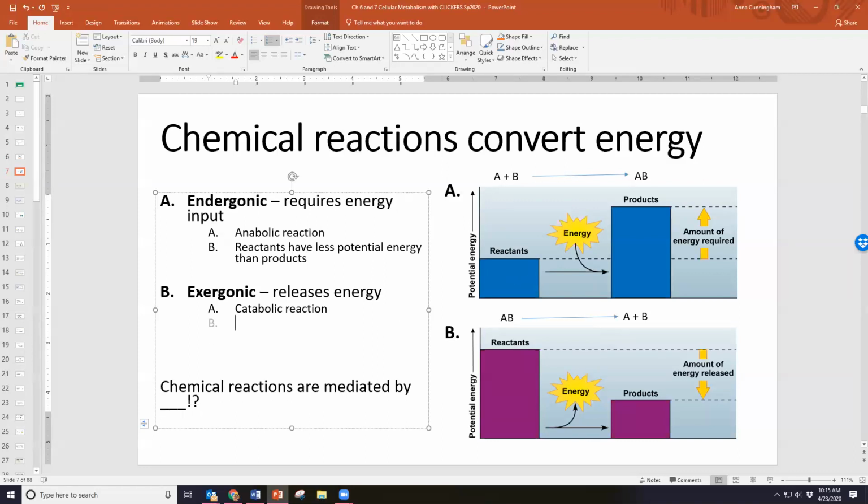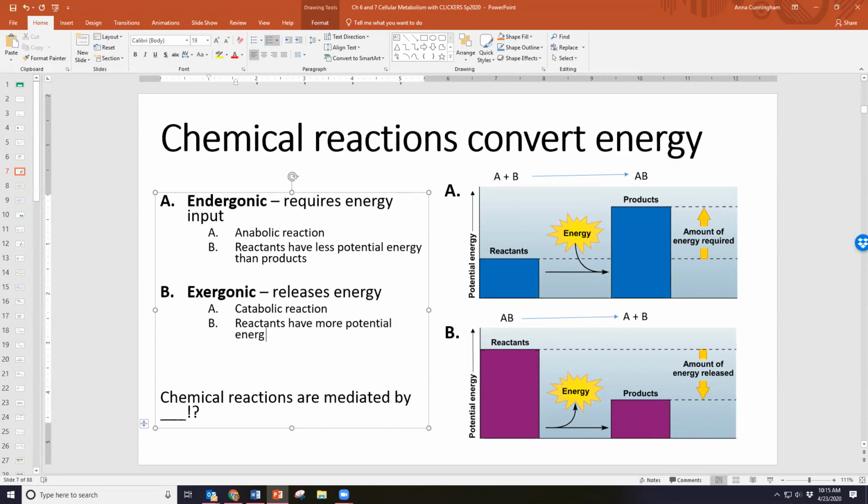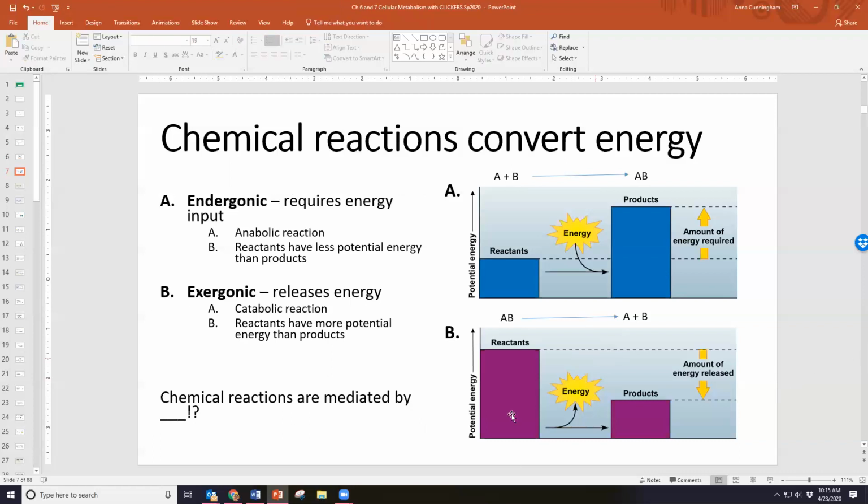Hopefully Amazon considers it essential, because I for sure do. And in an exergonic reaction, the reactants have more potential energy than the products. All right. Hopefully that makes sense.